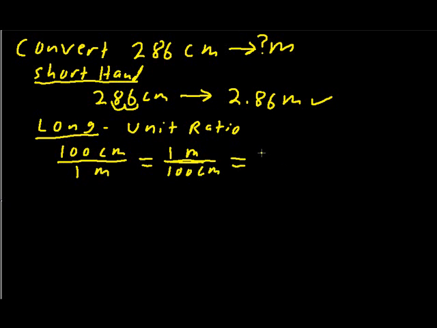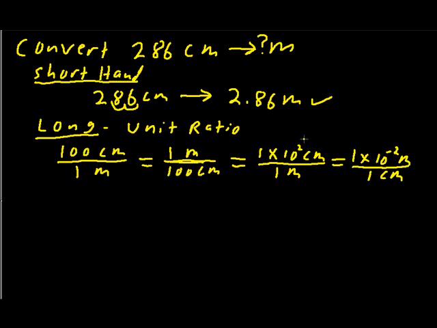What you can also write down is you can say that 1 times 10 to the second centimeters is the same as 1 meter. Naturally, this is just using scientific notation to show this idea. And finally, you can have 1 times 10 to the minus second meters is the same as 1 centimeter.